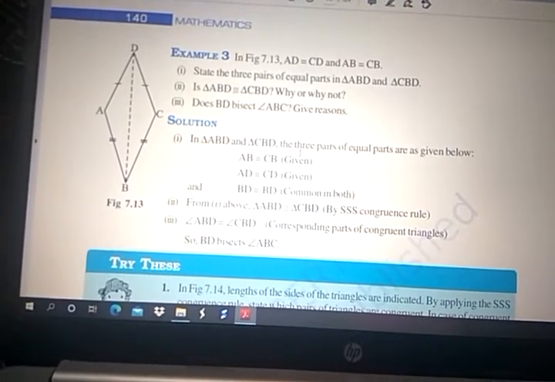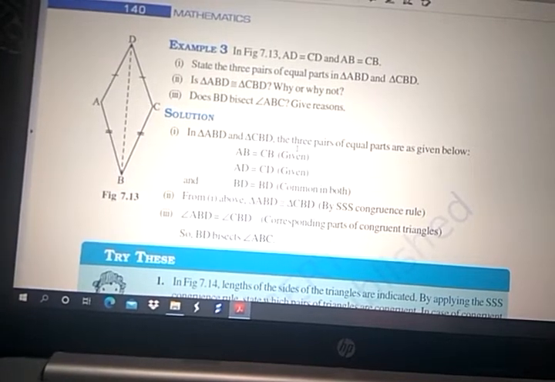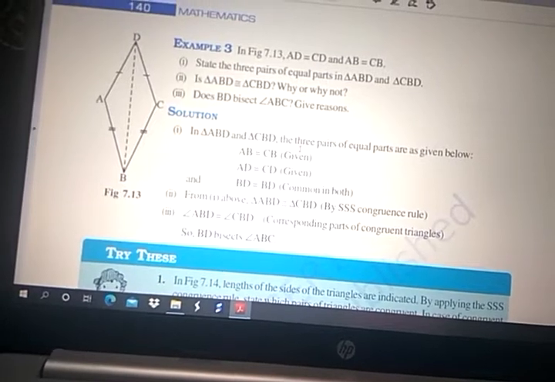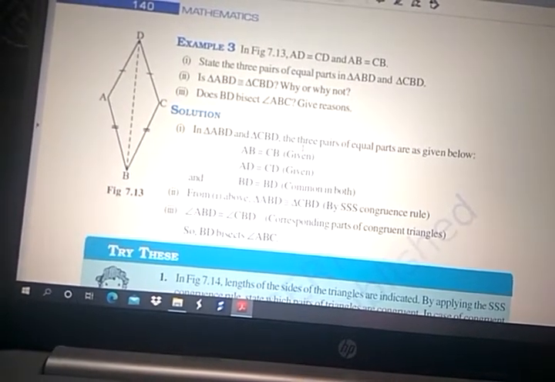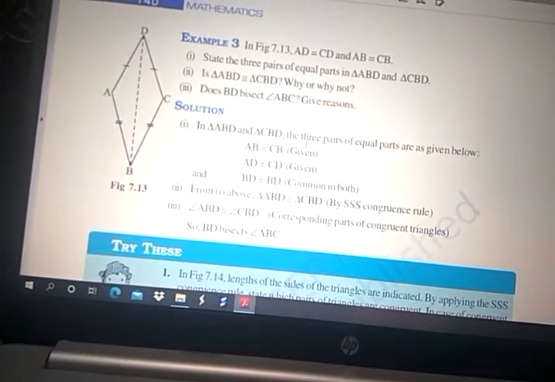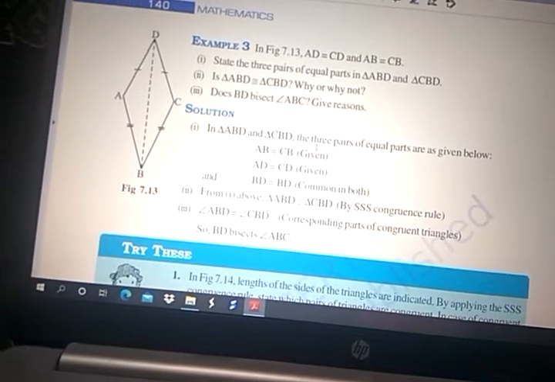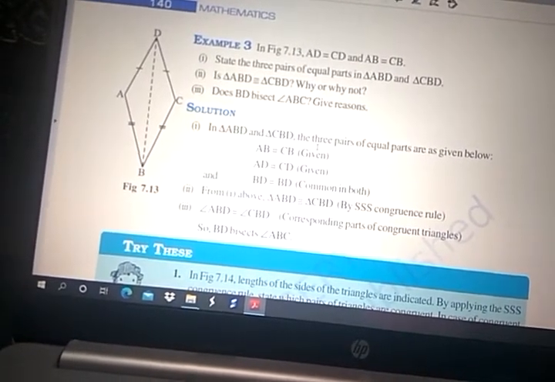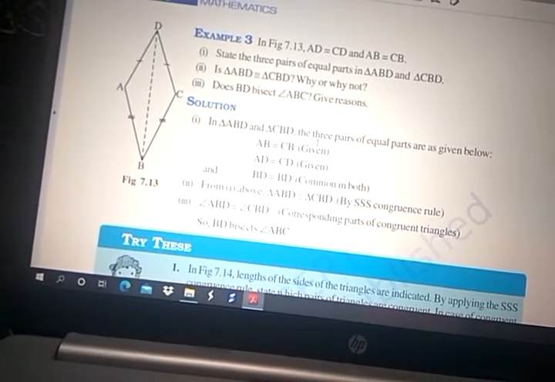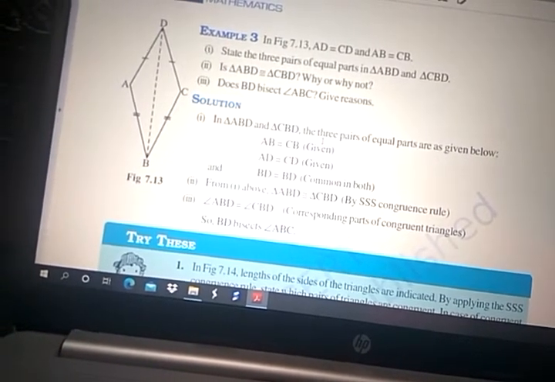So you see here students, AB is equal to CB side, AD is equal to CD, it is also side, and BD is equal to BD. Now second, triangle ABD is congruent to triangle CBD. From the first one, by SSS rule, it is proved.